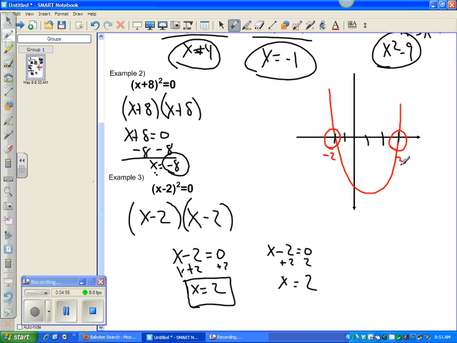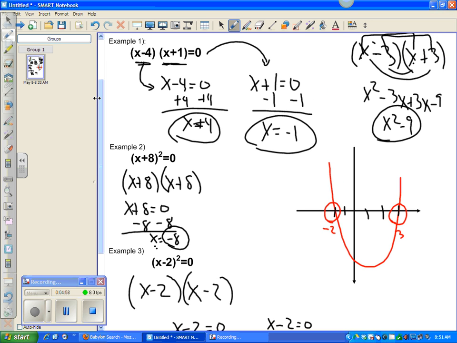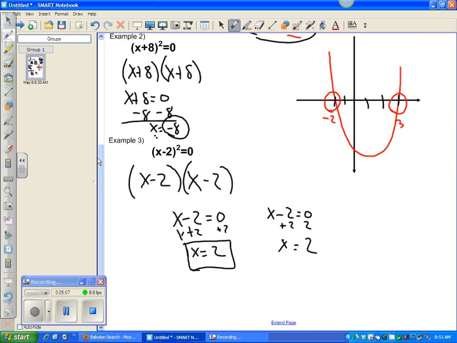And so in the first example, where the parabola crosses the x-axis is 4 and negative 1.